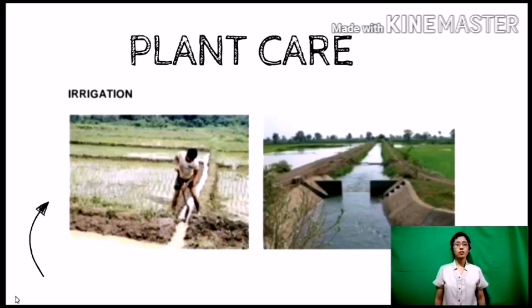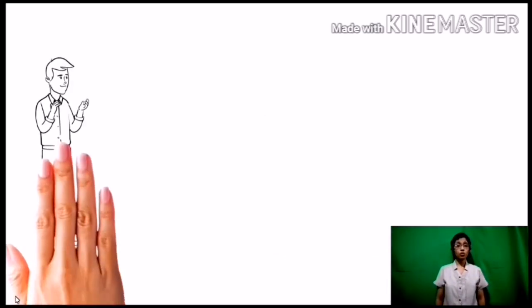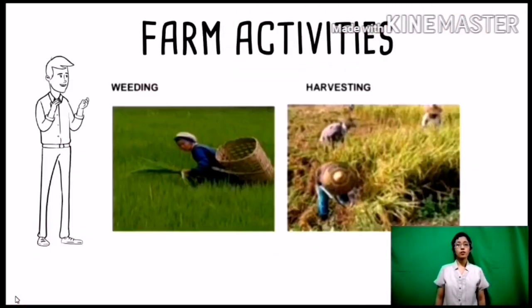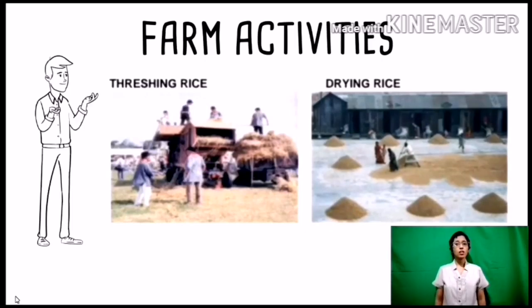It is important to manage a farm production according to recommended farm activities. First, weeding is a process of removing out unwanted weeds. After properly taking care of the plants and growing into healthy crops, it is time to harvest.